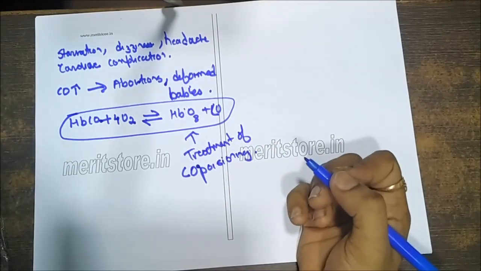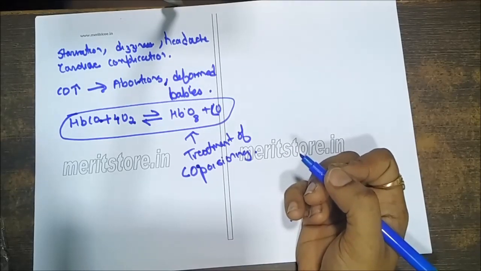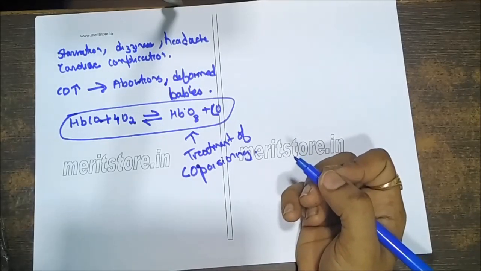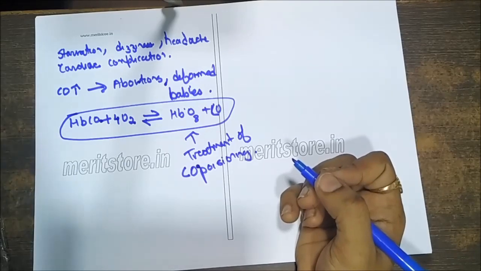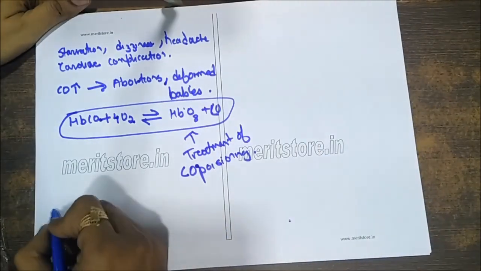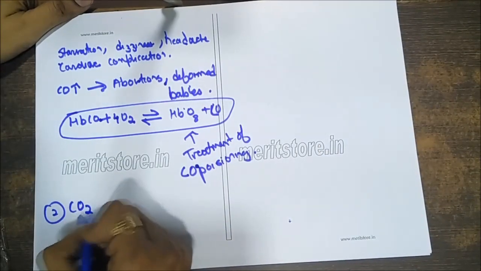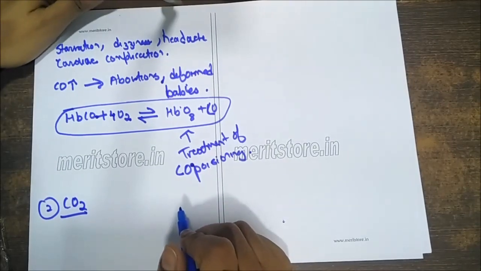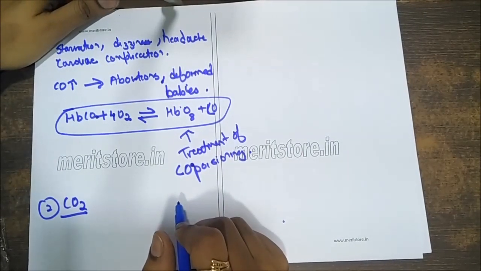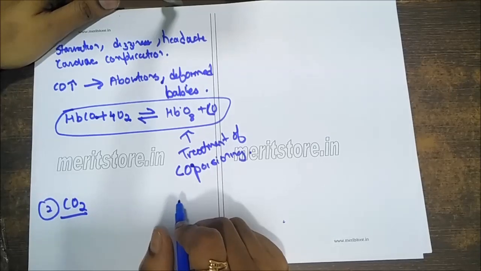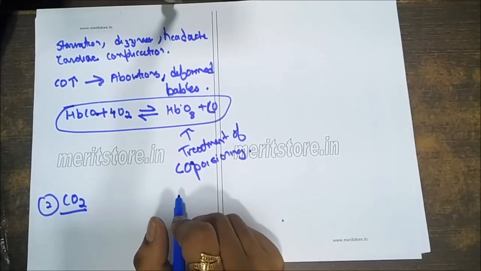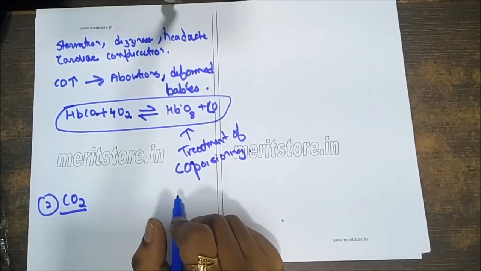All right. So the first gas that we have studied is carbon monoxide, the first oxide of carbon which is a gaseous pollutant. The next we're going to study is carbon dioxide. Carbon dioxide is also colorless and odorless, and it is 1.5 times heavier than air. If it is present in small quantities, it will not affect living organisms.